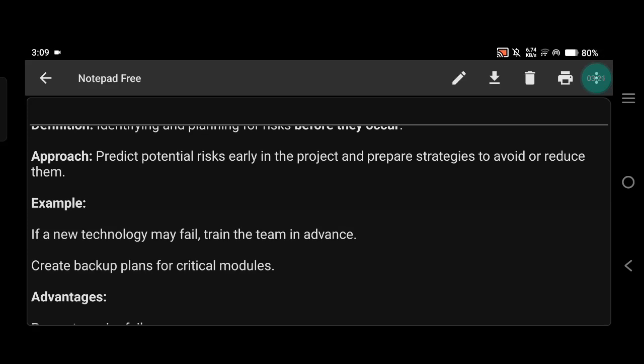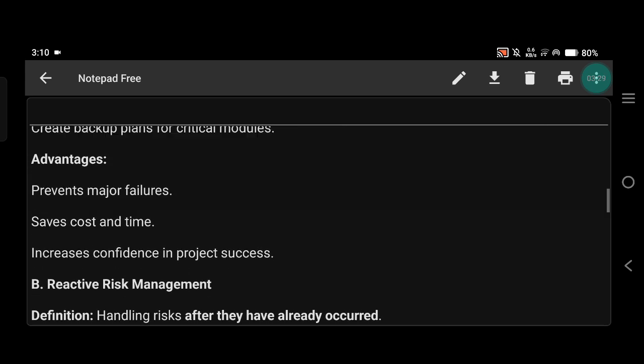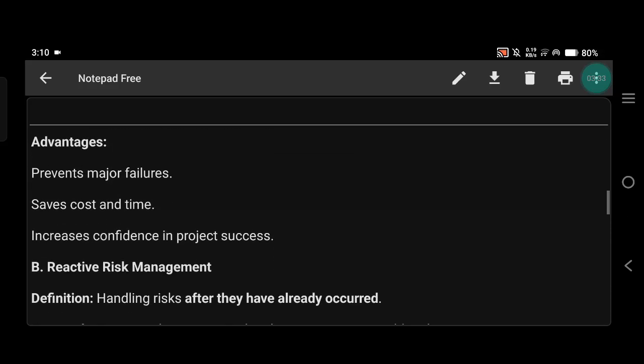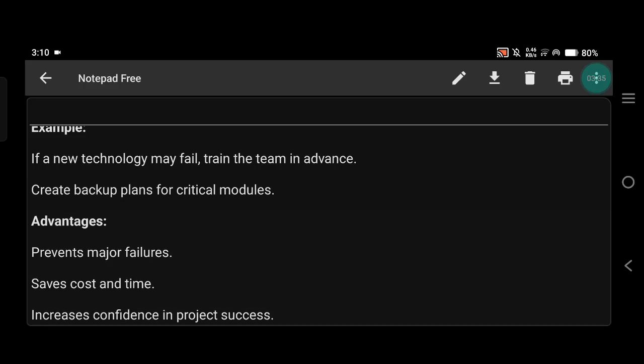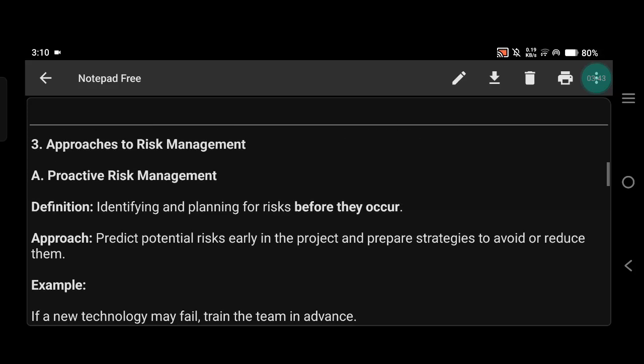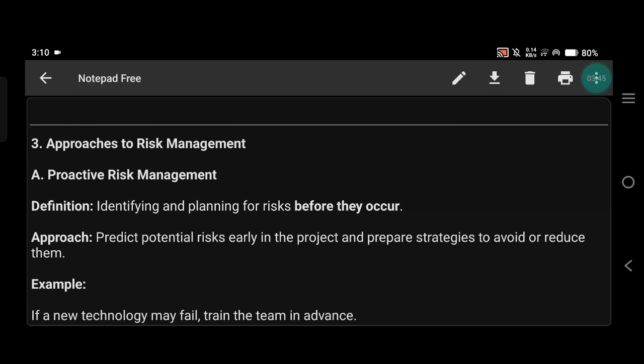Example: if a new technology may fail, then train the team in advance, create backup plans for critical modules. Then advantages: prevents major failures, saves cost and time, increases confidence in project success.